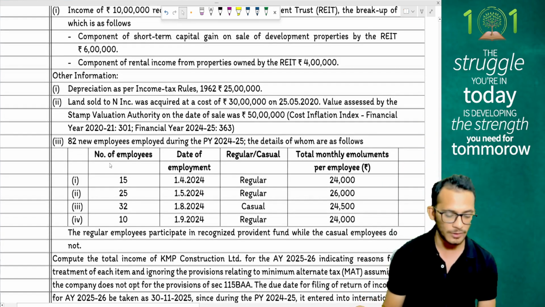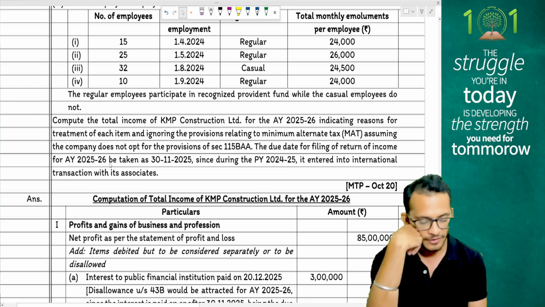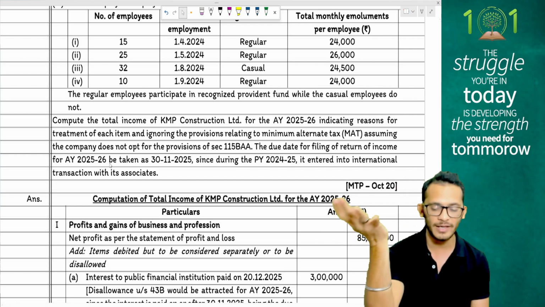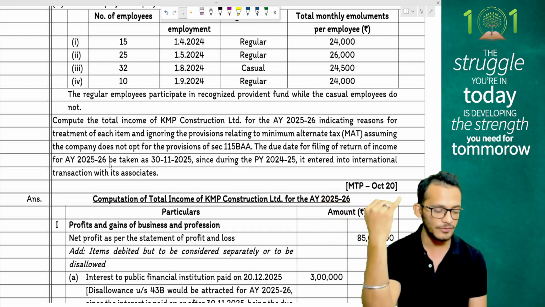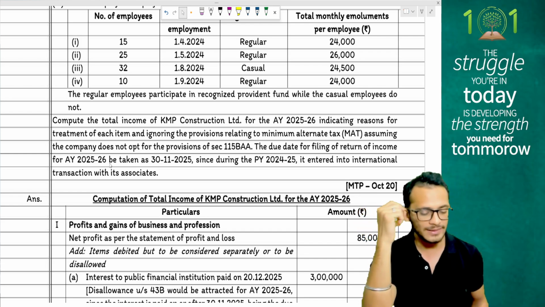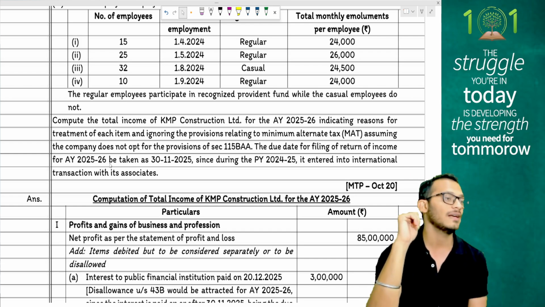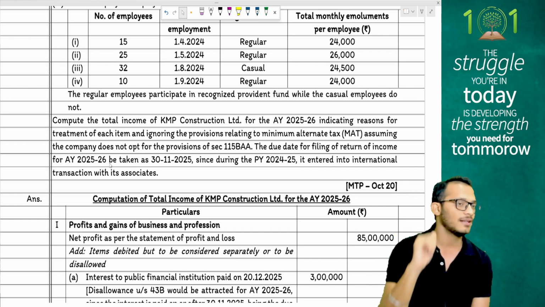Ignoring all those items, I'm looking at the bottom, which says compute the total income of KMP Constructions Limited for 25-26, indicating the reasons for each statement and ignoring the provisions of MAT computation. Assuming that the company does not opt for 115BAA, the due date of return filing has been taken at 30th November 25 because the company is entering into international transactions.